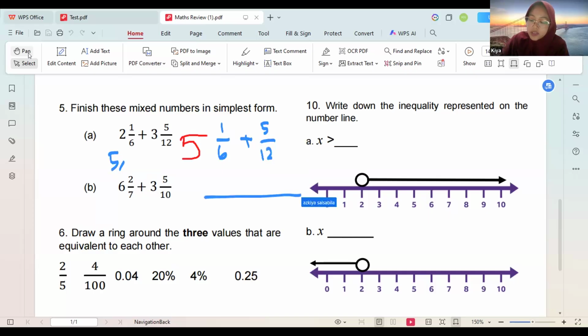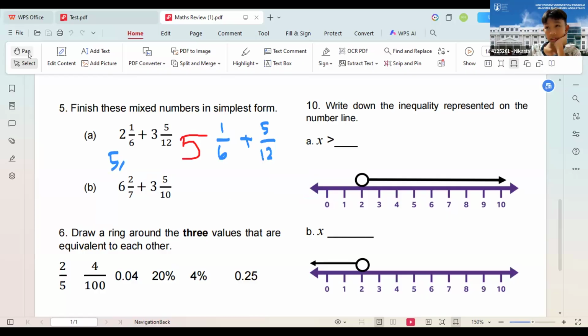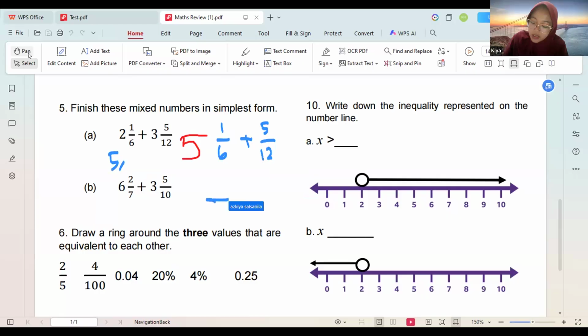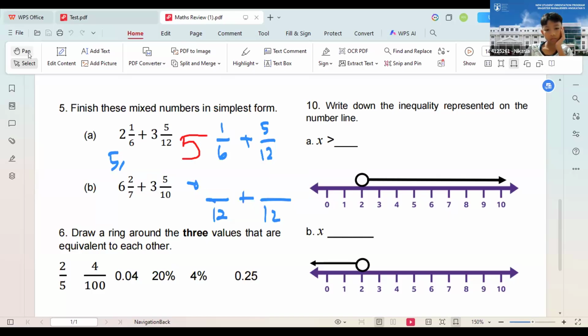Okay, so what is the LCM here? The LCM is 12. Okay, so if the LCM is 12, what number do I have to put here? 2, and then 5.